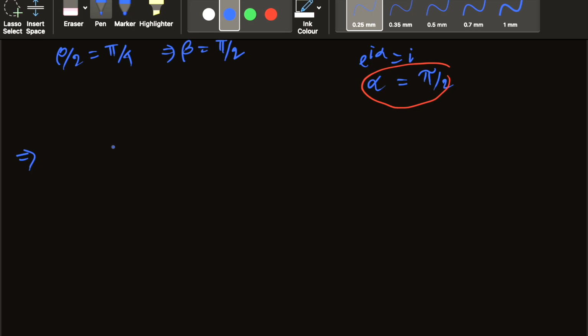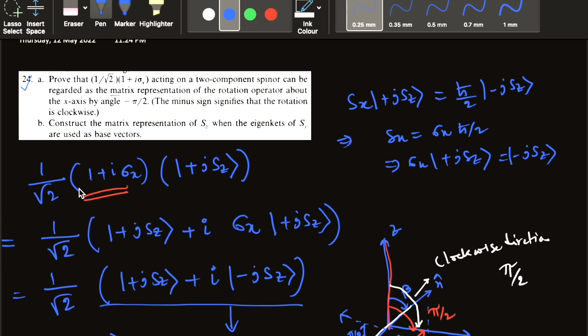In the lecture where we learned the change of basis and unitary operator, we have seen that if U applied to a is equal to b, that means the unitary operator U changes the basis a to b in this way, then any matrix representation in A will change its form to U dagger A U. Here the operator U is 1 by root 2 into 1 plus i sigma x, which is actually a unitary operator which changes the basis plus sz to the basis plus sy.